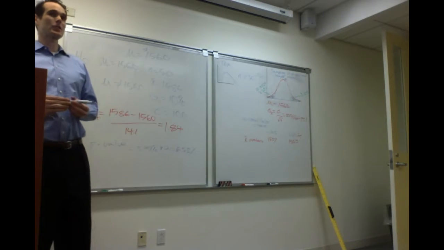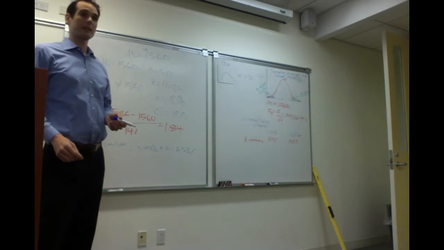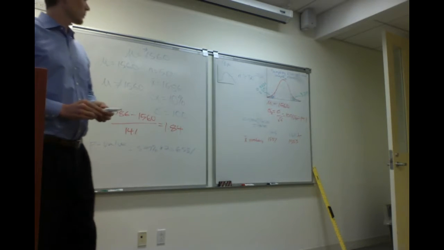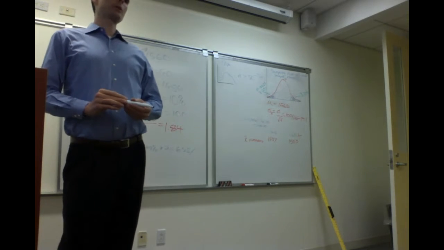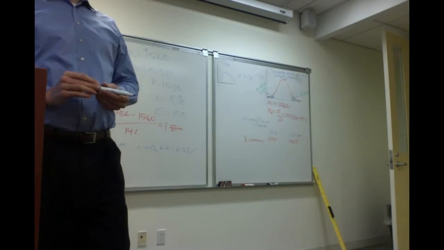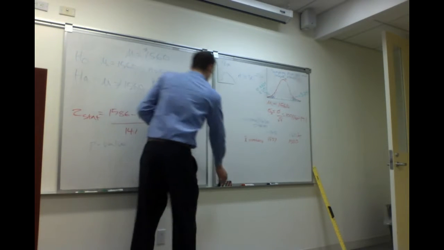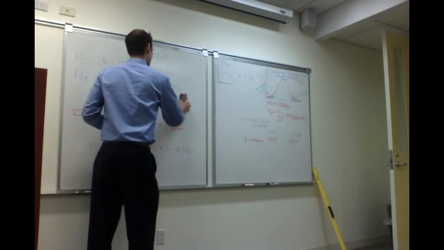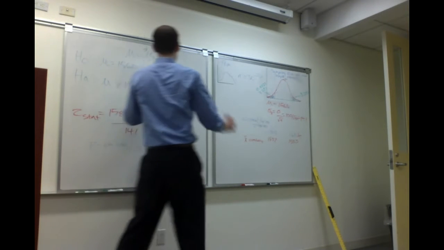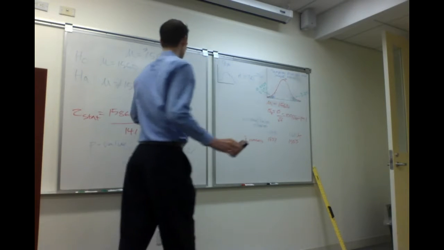Let's say we want to be a little more confident than that. Let's say we want a significance level of 5%. We only want a 5% chance of making that kind of mistake. So let's redo our analysis at the 5% significance level. Okay?